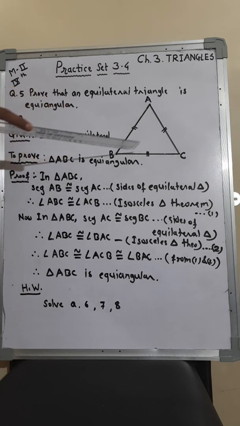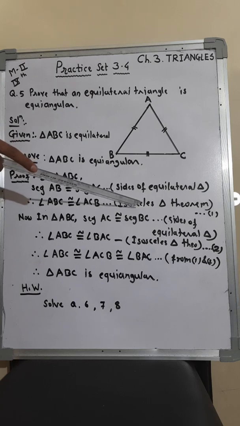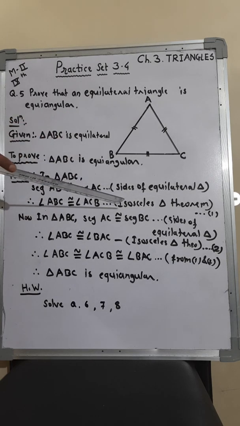These two angles are congruent. Two sides are equal, then base angles are also equal. This you have studied in isosceles triangle theorem. So write in bracket isosceles triangle theorem.